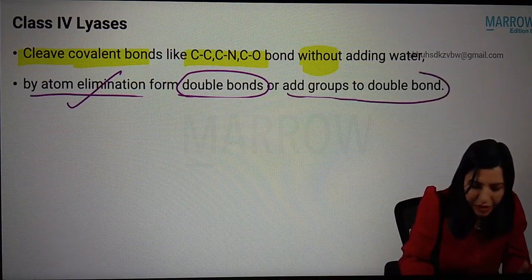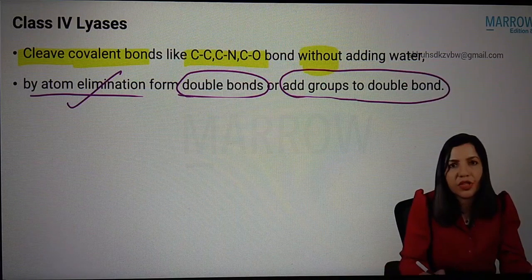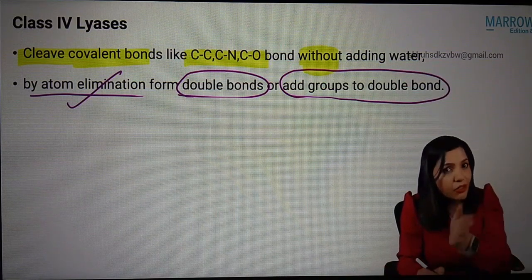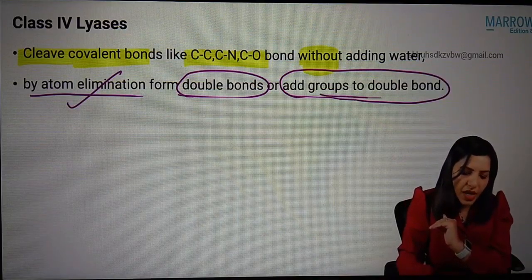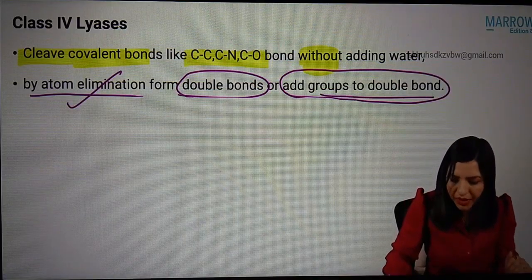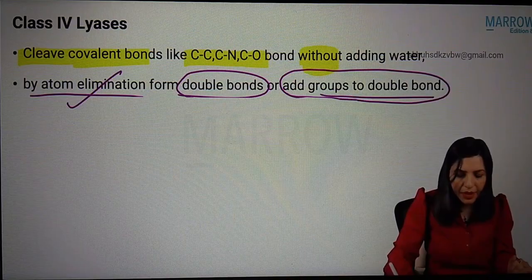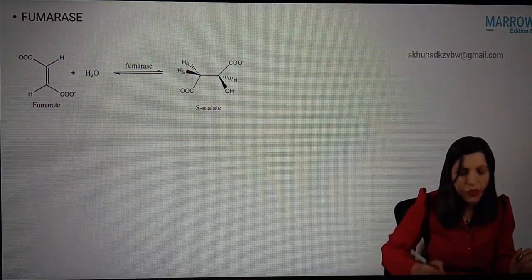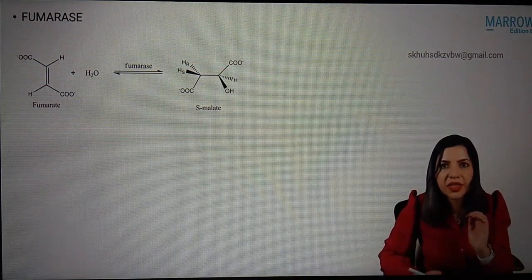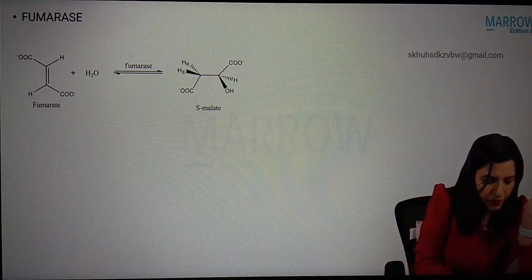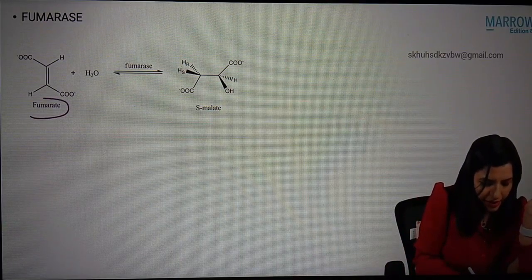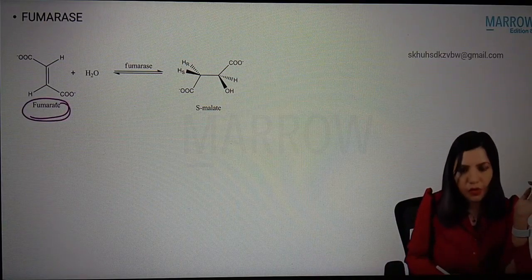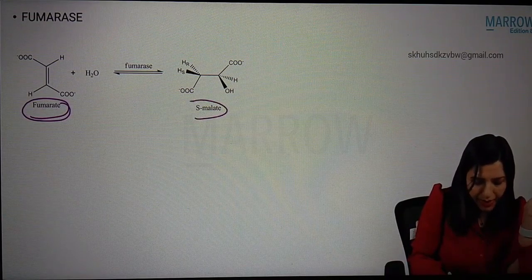Then the third part of this definition is that it adds groups across the double bond. What does it mean, add groups across the double bond? We'll see the example here. The example is fumarase. This is a reaction in the TCA cycle. In that reaction, there is a substrate called fumarate which is converted to malate.